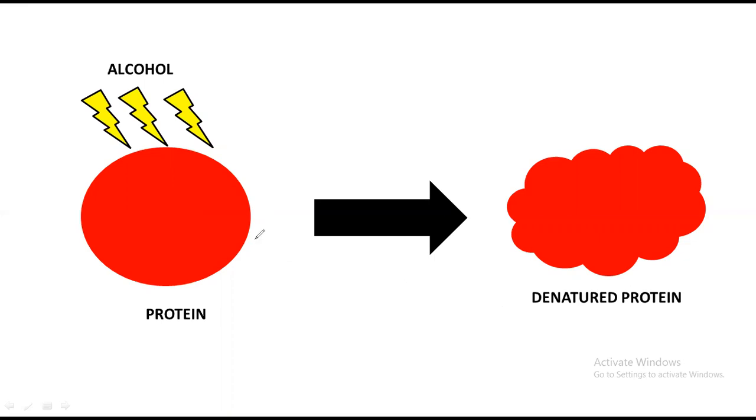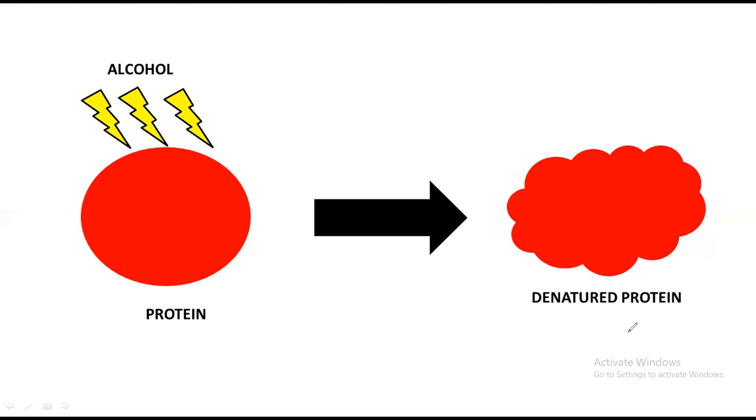For example, this is a compatible protein, and when alcohol reacts with it, it denatures the protein, it damages its function and its structure. If there are many proteins, it coagulates them. In simple terms, it makes them malfunction, or it destroys the protein in different ways.